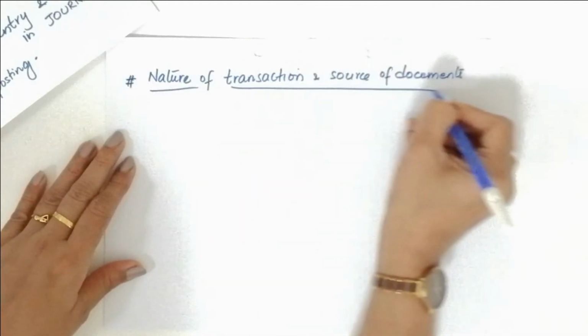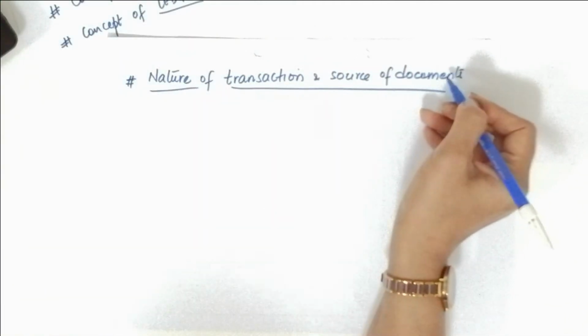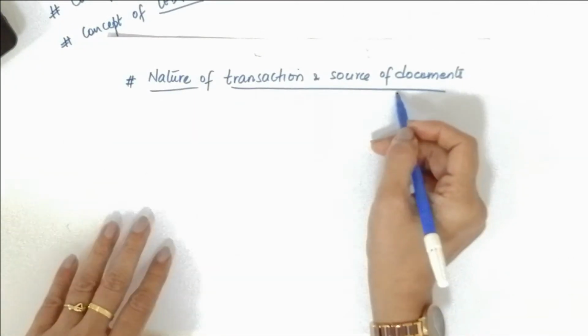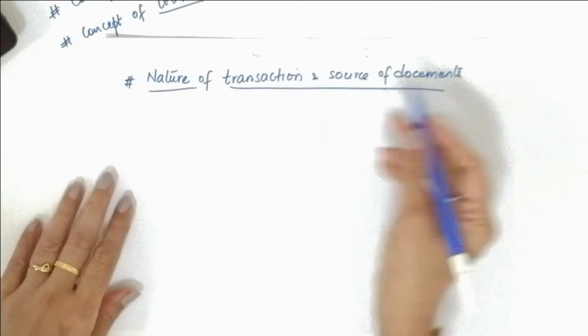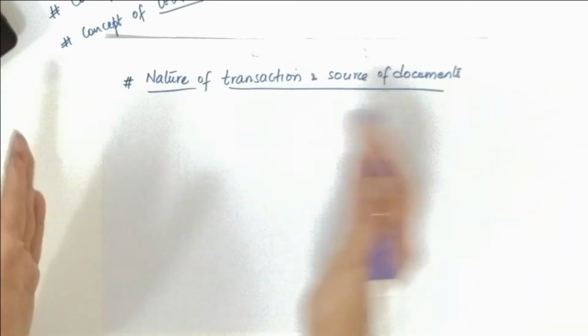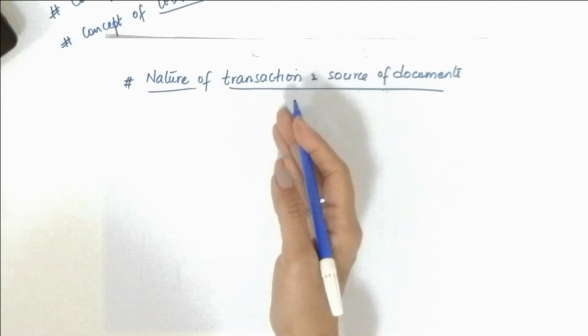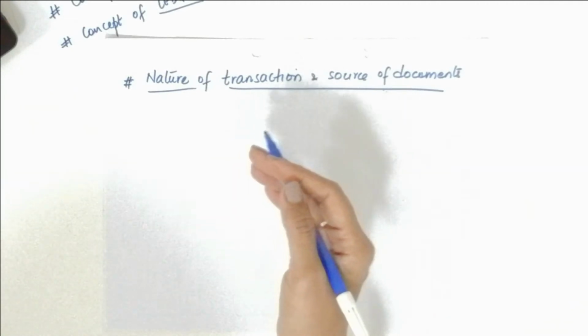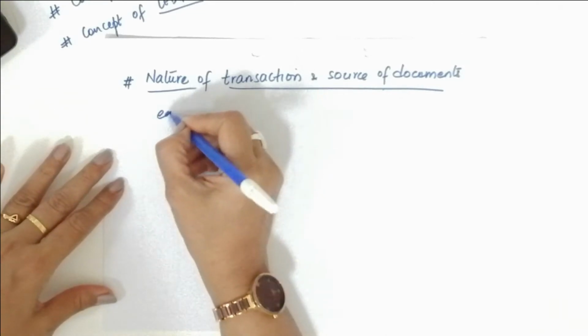Nature of transactions and source of document. So now, nature of transaction and its source. For example, you need to decide what kind of transaction it is, right?